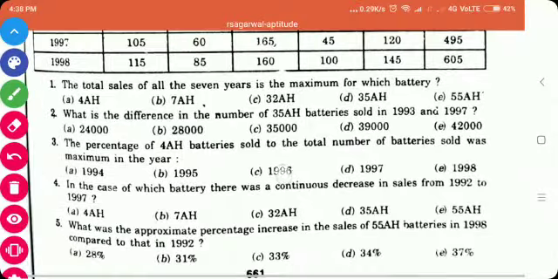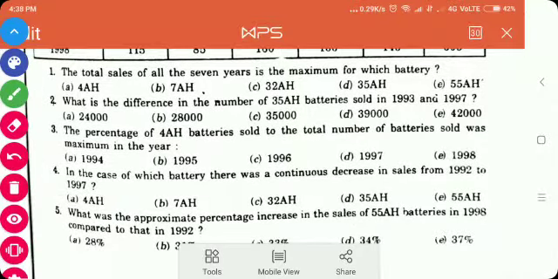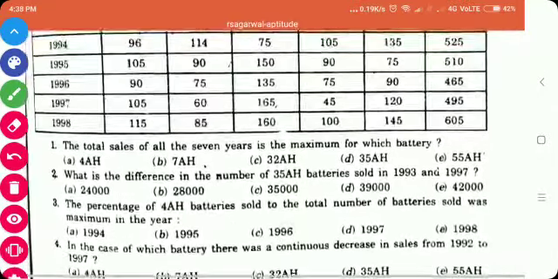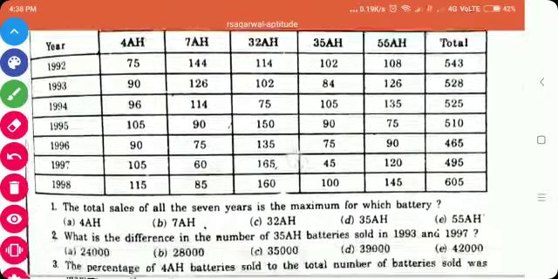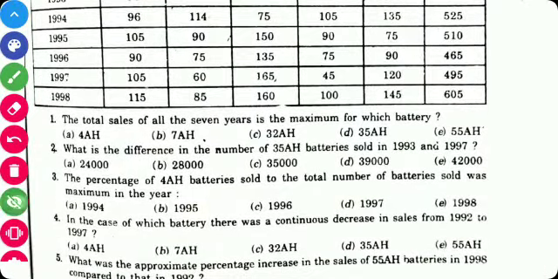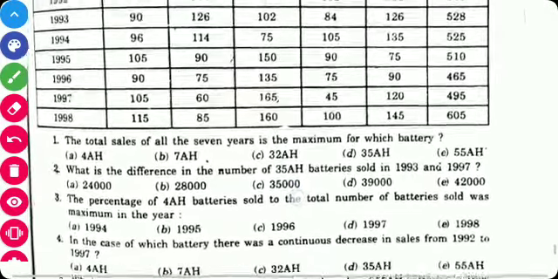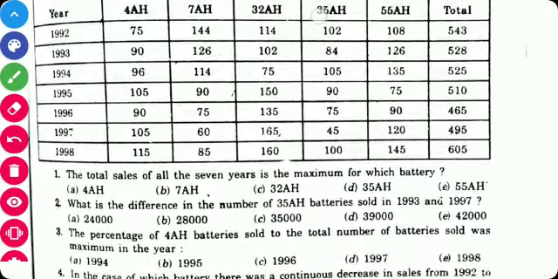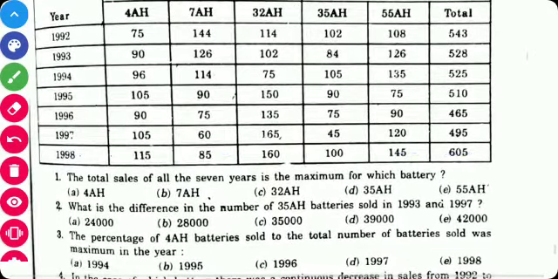Second example is, what is the difference in the number of 35AH batteries sold in 1993 and 1997? So the batteries which are sold, this is the 35AH battery.